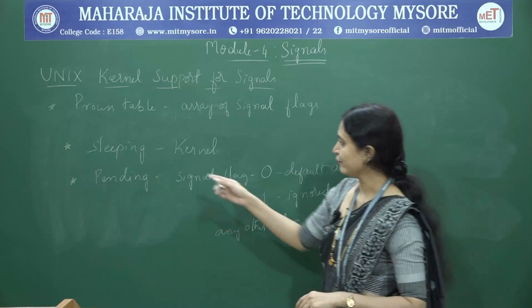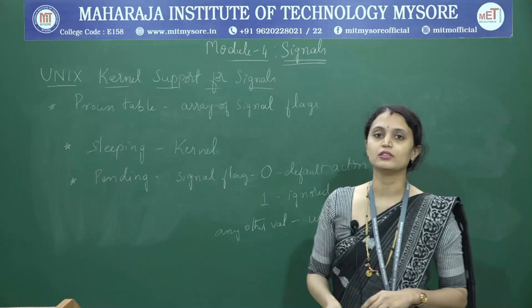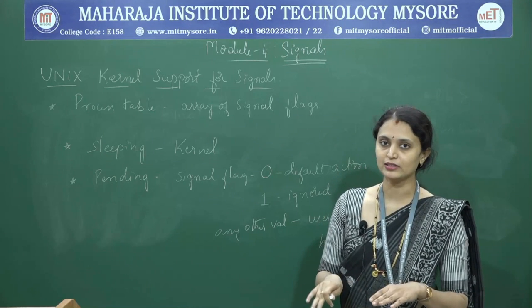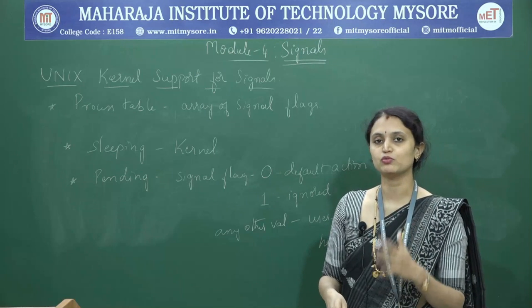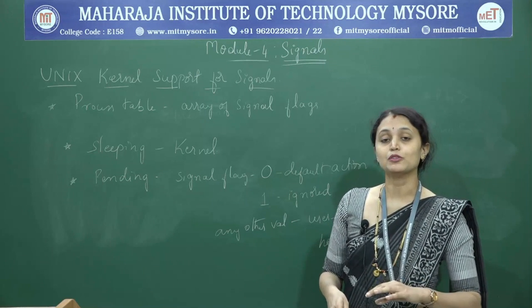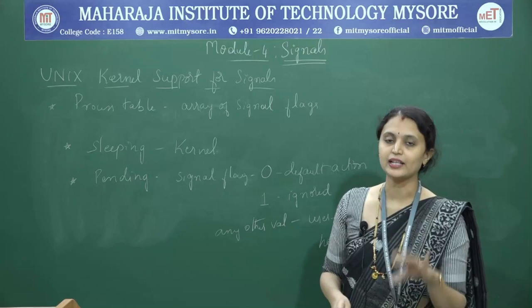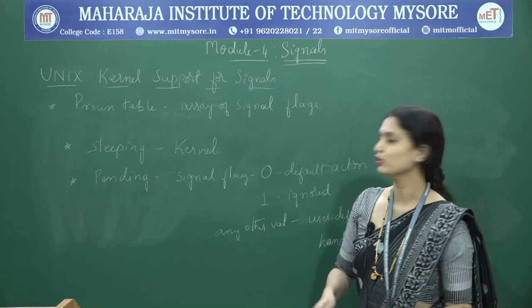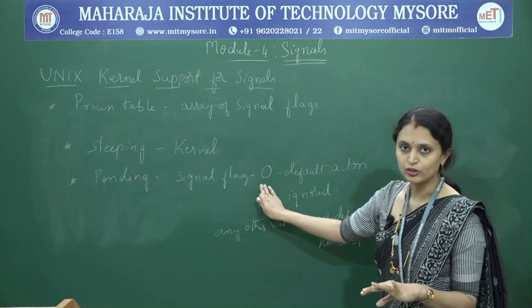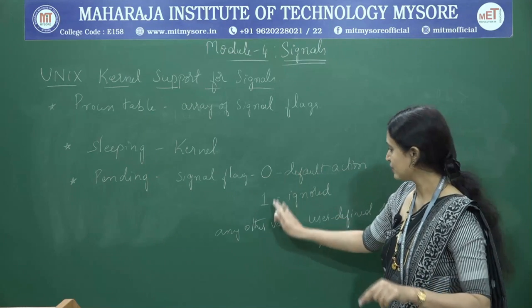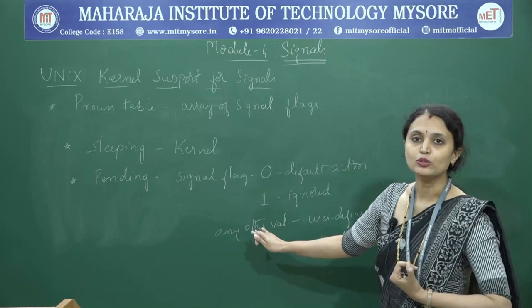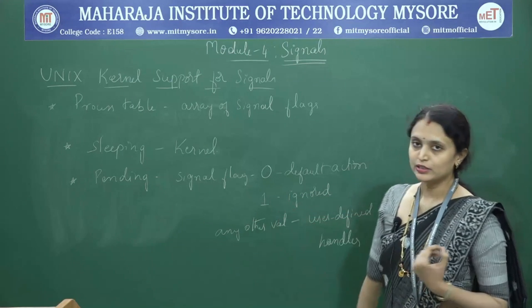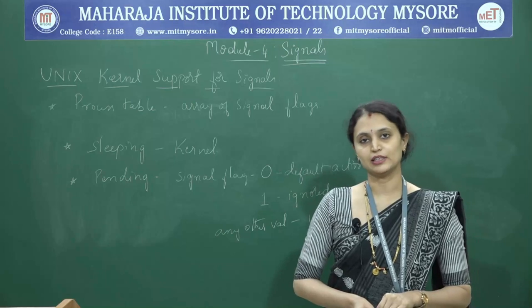If the process is in the sleeping mode, the kernel will be responsible for everything: it will reschedule the process and start its execution once again. Suppose the signal is pending at the process side, in that case the kernel will check the value of the signal flag. If it is 0, the default action will be performed. If it is 1, the signal will be ignored, and if it has any other value, the user defined signal handler will be executed.